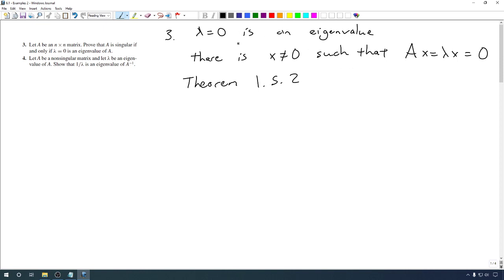So these are all equivalent. Lambda equals 0 being an eigenvalue means that this is true, but this being true is equivalent to A being singular. Because of this theorem, we can go from lambda equals 0 to A being singular, and we can go backwards. So you're just using the definition of eigenvalue and this theorem. And that's all there is to it. You might write it up more as a paragraph for a proof, but that's really all there is to showing that.